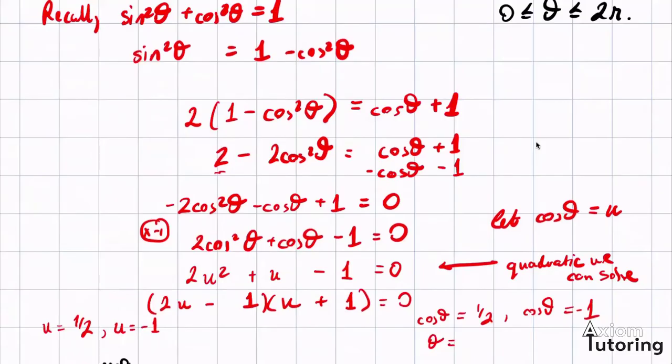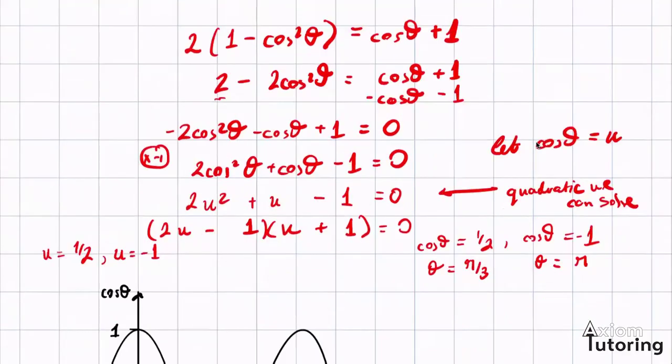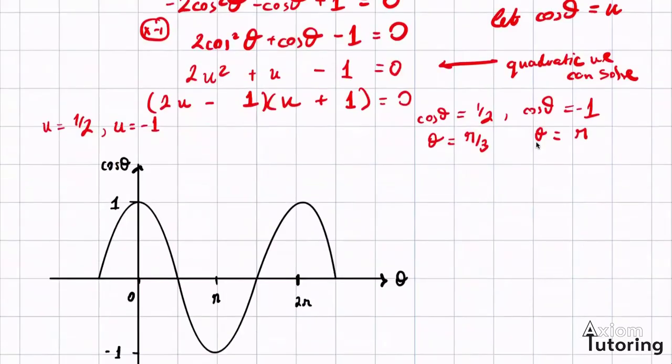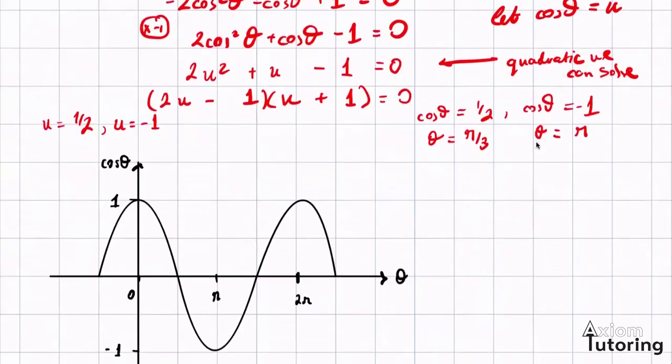And from our exact trig values, that is pi over 3 there. And then for cos theta equals minus 1 between 0 and 2 pi, our solution for that is pi. So again, let's have a look at our graph. So I've sketched it there. We're only concerned with the values between 0 and 2 pi there.